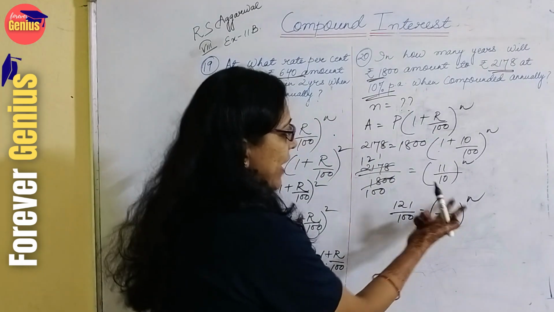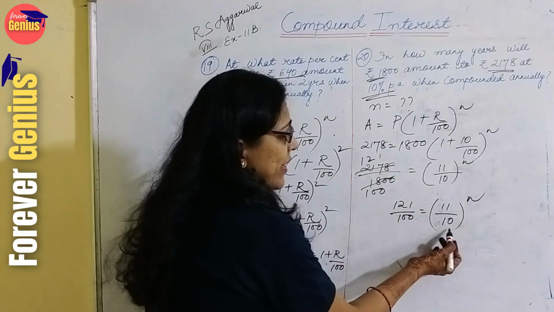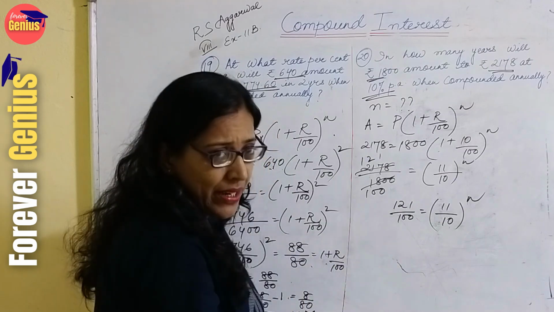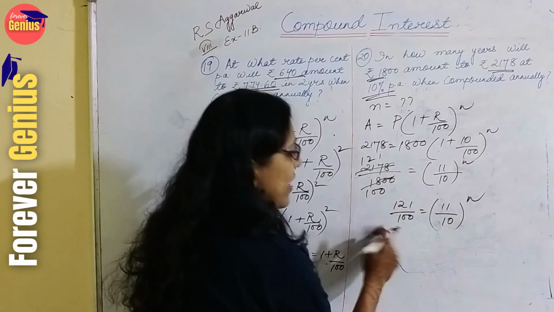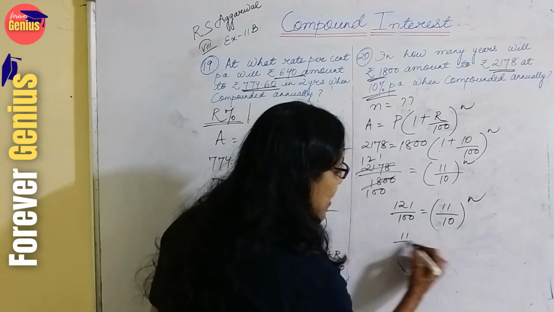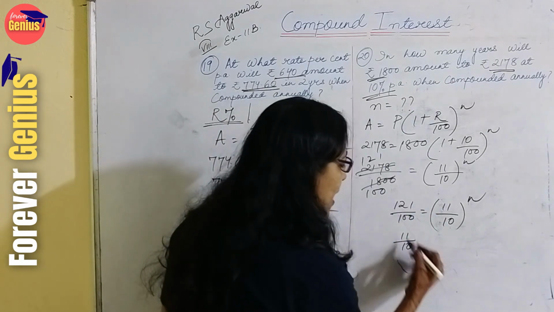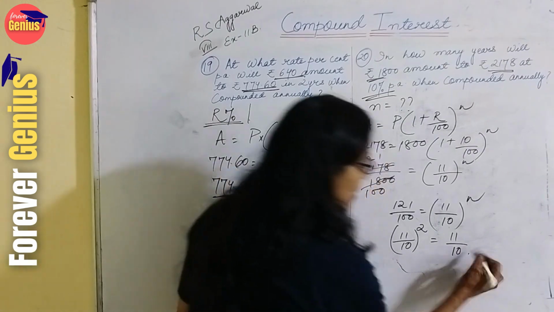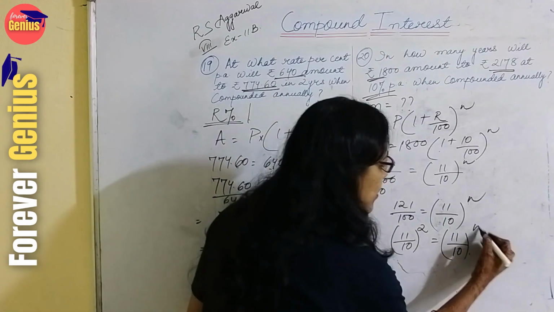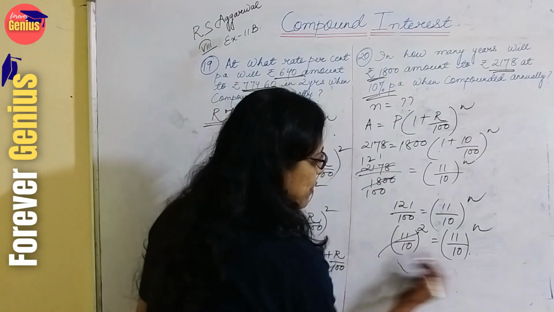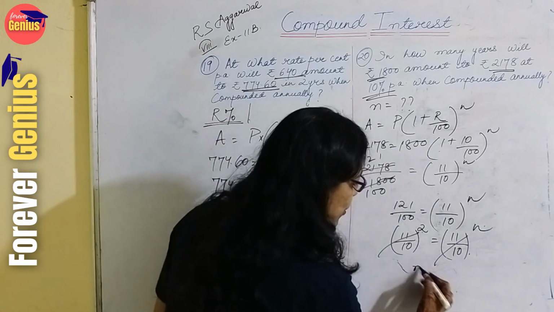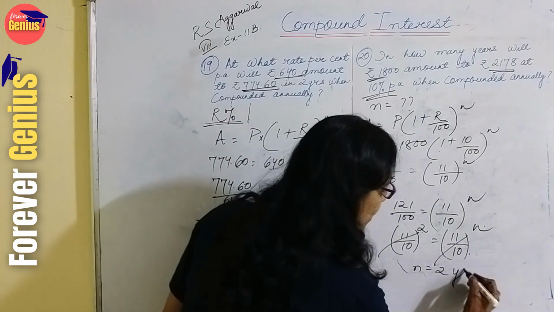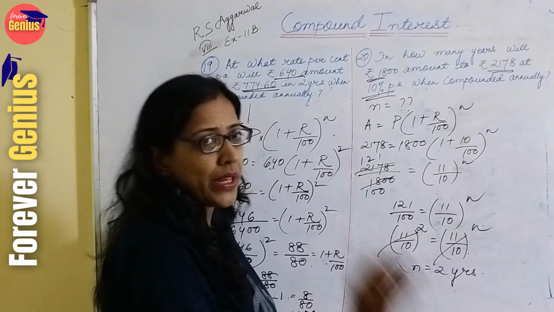Now, if I convert these also into 11 and 10, what would be the power? Let's see. 11 elevens are 121 and 10 tens are 100. So this is equal to (11 by 10) squared. Now, if you follow the basic rule, the bases are cancelled and n is equal to 2. So the time here is 2 years.